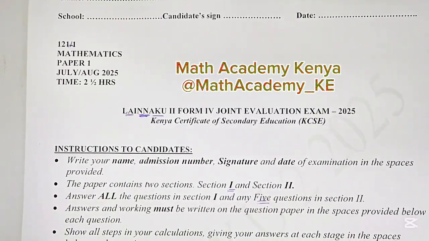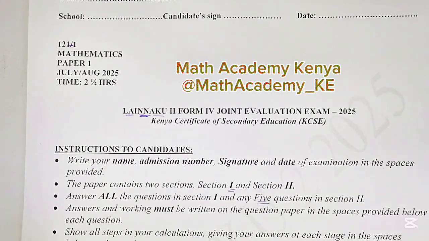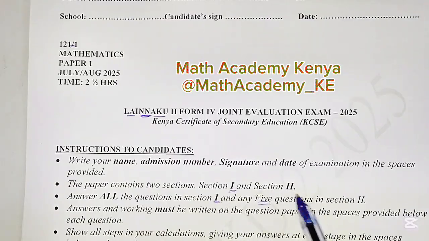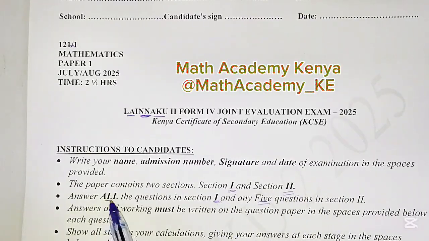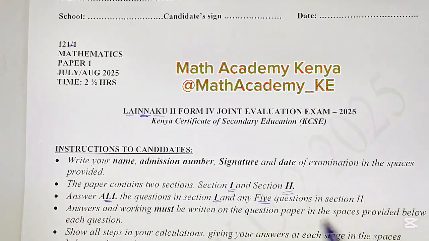So we are going to look at this paper step by step. Remember, it has section 1 and section 2. For section 1, you have to answer all the questions. Then in section 2, choose the best 5, that is the 5 that you are comfortable with.